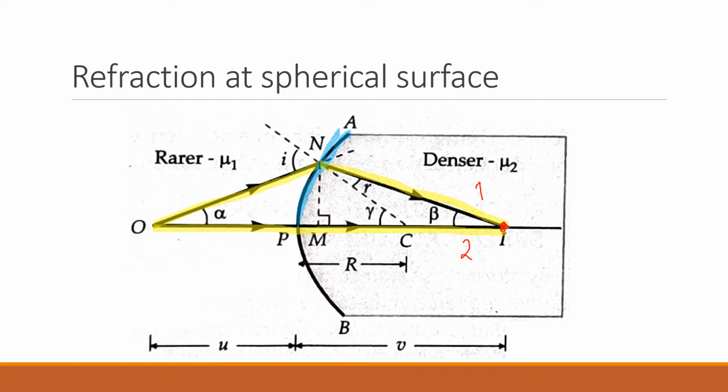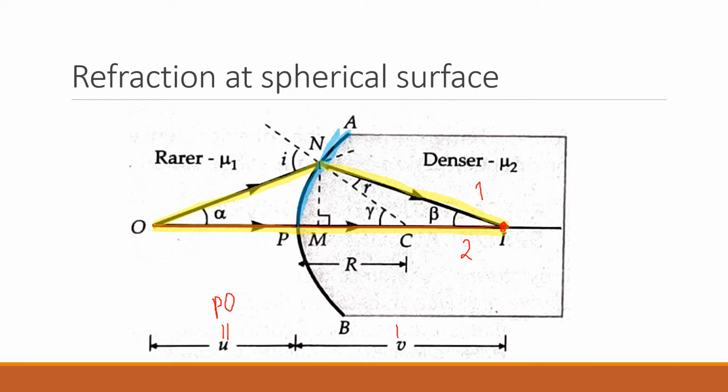So if O is your object, then this distance PO is your object distance which is denoted by small u. And if I is the image formed, then this distance from P to I is known as your image distance, and it is denoted by small v.